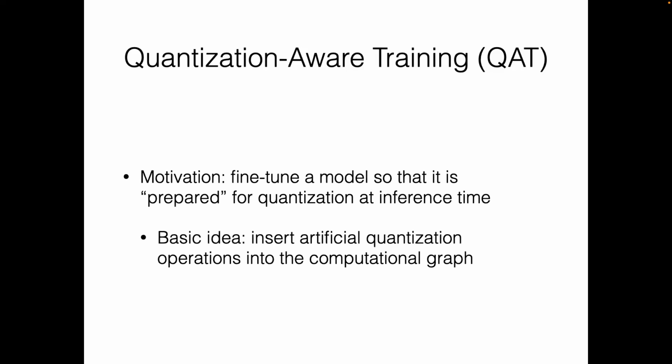So the basic idea is to insert these quantization operations into the computational graph and then fine-tune the model. And then basically the quantization is occurring, and so it has to learn how to get good loss with this quantization operation kind of inside of the network.